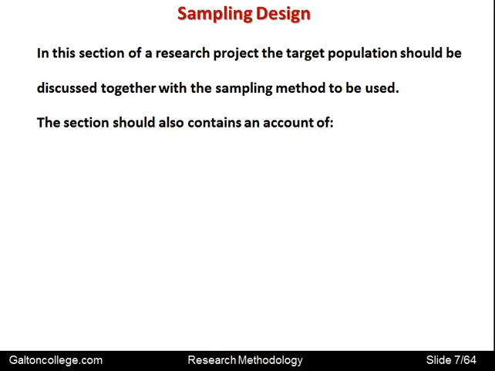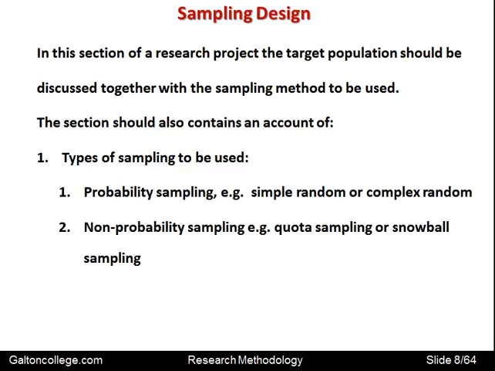It should also contain an account of the types of sampling to be used. For example, probability sampling, simple random sampling, or more complex random sampling techniques. A random sample is where each item selected from the population has an equal probability of being selected. So there's no bias in the selection.